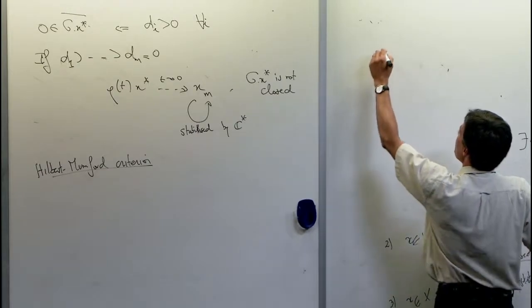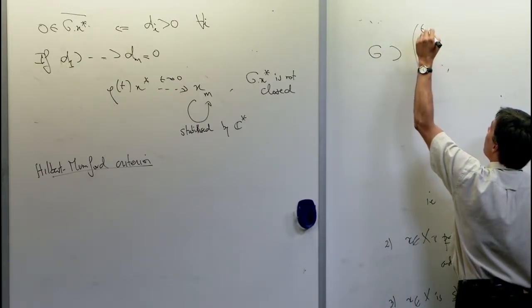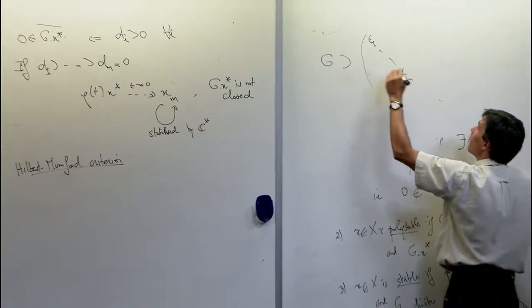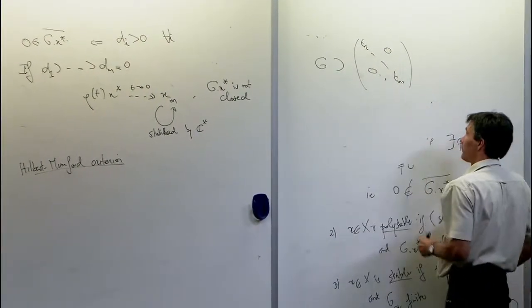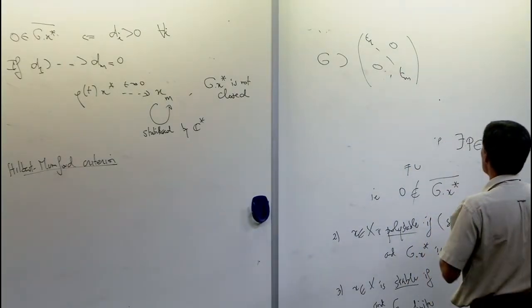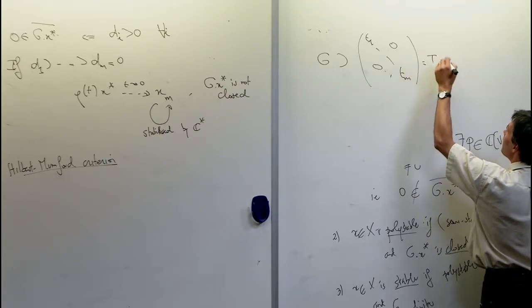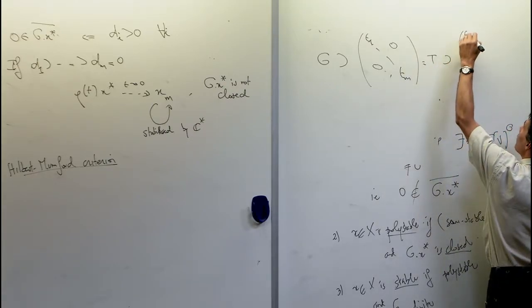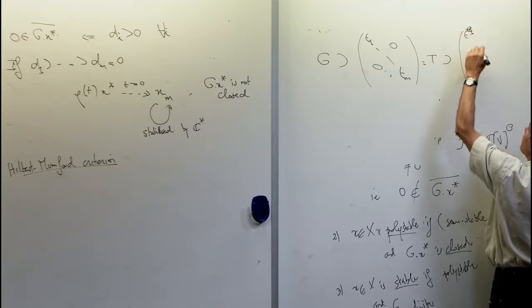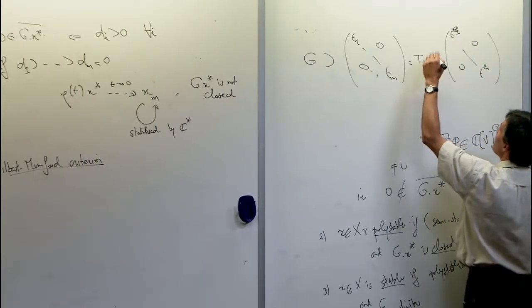So up to conjugacy, you will cover your group by diagonalizable matrices, and inside these tori you can look at these examples.